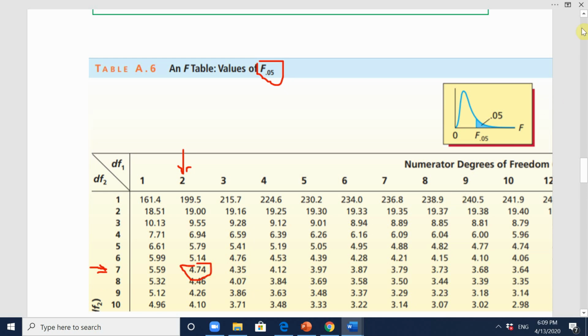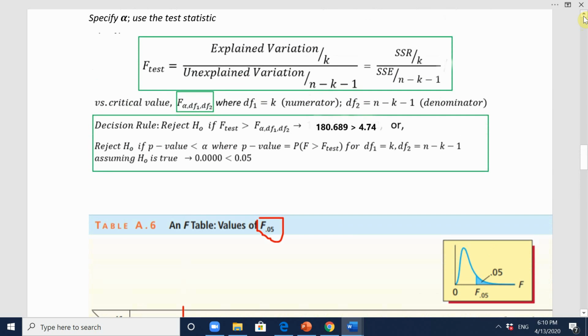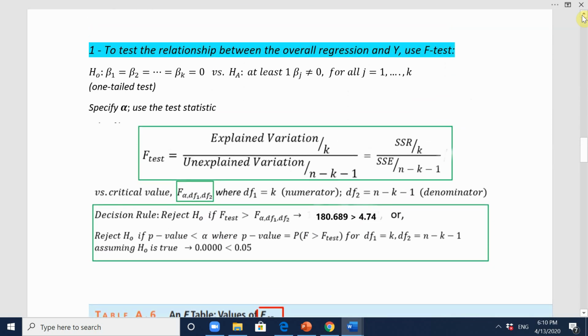So what I'm going to do now in my decision rule is compare my F test statistic, which I found to be 180, relative to my critical F point, which turns out to be 4.74. Clearly the decision here is to reject the null hypothesis, which states that there is no relationship between the independent variables and y.